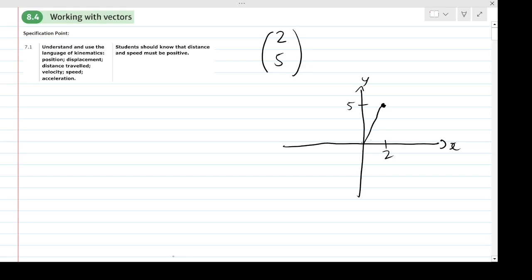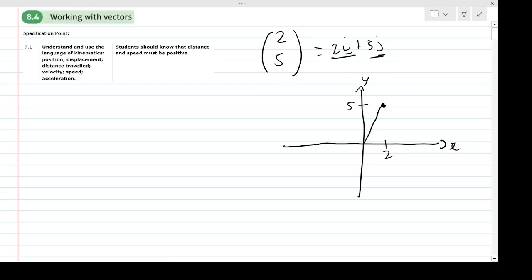Now, the more formal way we write vectors in A level is not with columns. You can do, that's fine, but a more proper way is we use something called i and j notation. So alternatively, I could say that this is 2 lots of i and 5 lots of j. These two are the same thing.